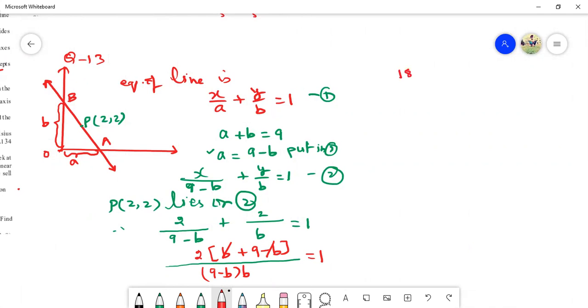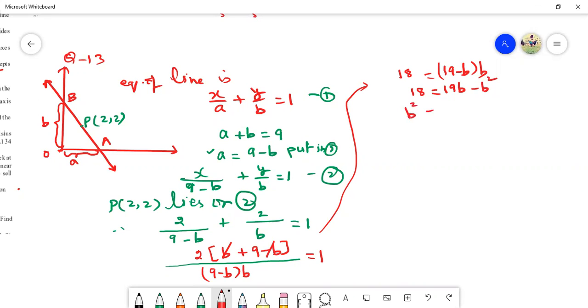So 18 is equal to 9 minus b into b, because this will cross multiply here. So you will get 18 is equal to 9b minus b square, a quadratic equation.